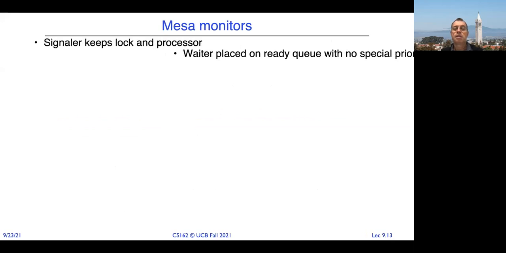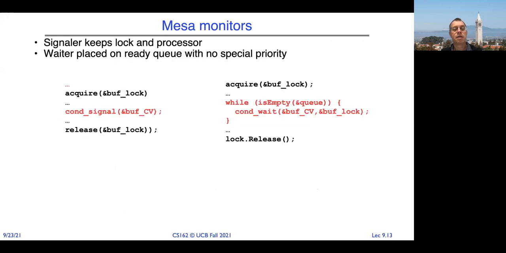Now the Mesa implementation. With a Mesa implementation, after you signal, you do not give control to the thread waiting for the condition variable. Instead, you take that thread waiting on the conditional variable and move it from the waiting queue to the ready queue.